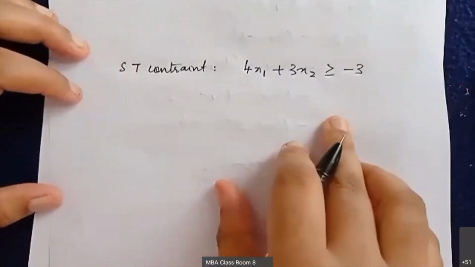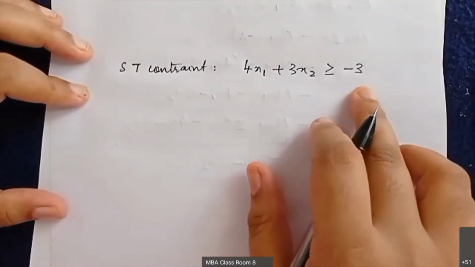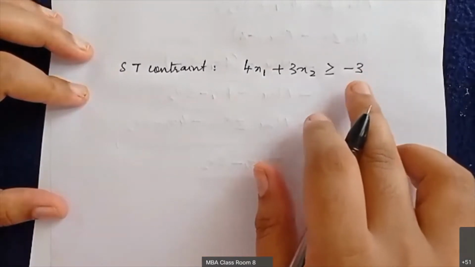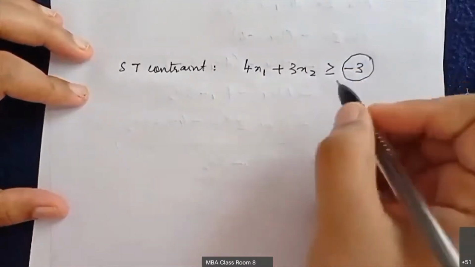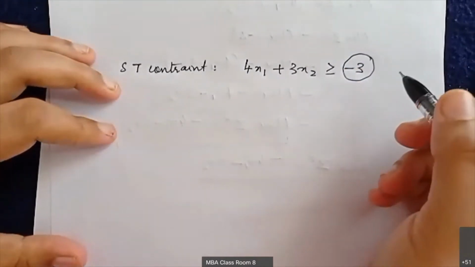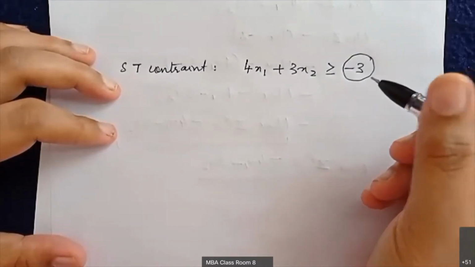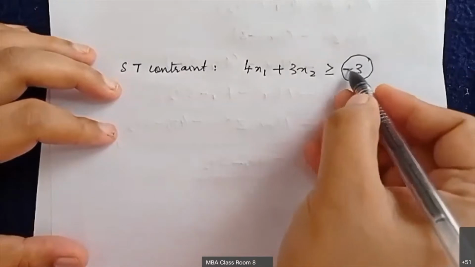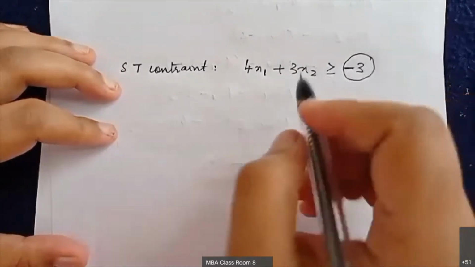So what does our step say? If we get a constraint like this, the constraint should not have a negative number on the right-hand side. So we have to convert it into a positive number. How do we do that? This negative can be changed into a positive number by multiplying with negative 1.